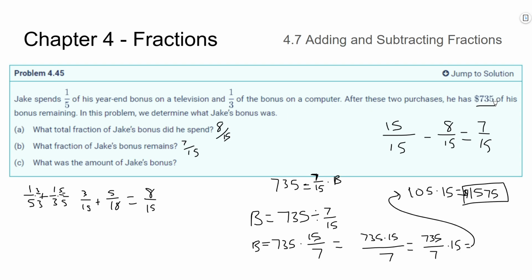So you know that his bonus has to be more than 735, because he already used some of his bonus. So if you got a number lower than 735, you know that that can't be right. You're looking for a number that is higher than 735, and we did get that. So 1,575 seems like a reasonable, good answer.